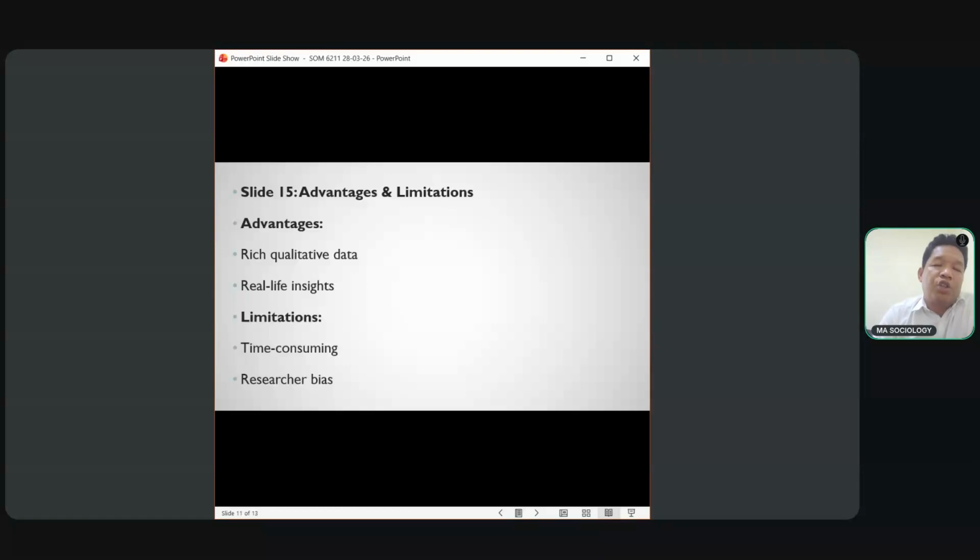However, it is time consuming and has researcher bias. Since you will be interacting with them, there is a high chance of researcher bias, as you are doing your research along with them.